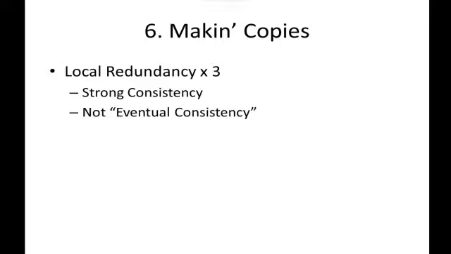So I talked earlier about how the Azure storage model is not eventually consistent. It's strongly consistent. And that strong consistency is designed to span 3 physical nodes. And by this, I mean, this has to do with writing data.